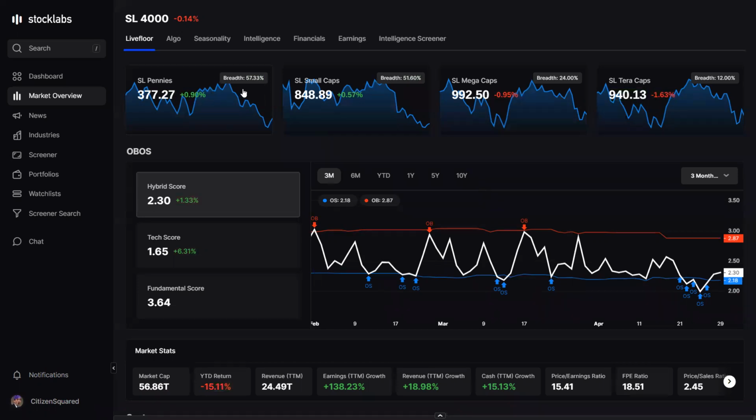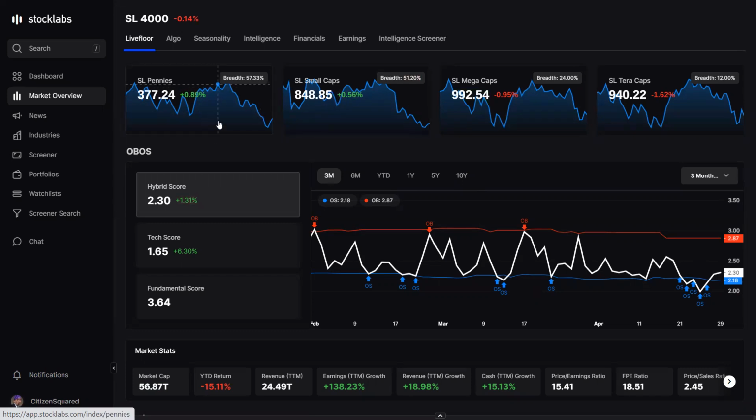So across the top here, these are custom indices by market cap, and they're rebalanced pretty often. It's not just market cap, but there are a couple other volume filters and stuff like that.